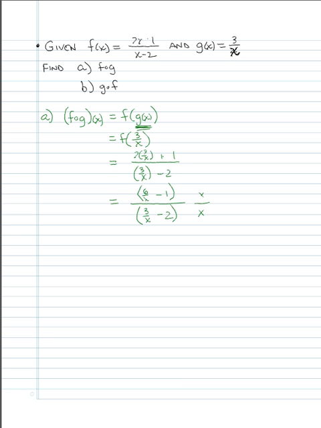Now, we're fortunate here that when we do this, both of those fractions are going to reduce, aren't they? Because what we're going to do is distribute. Let me write it out this way. We're going to have 6 over x plus 1 times an x on top, and we're going to have 3 over x minus 2 times an x on bottom. And so now we're going to distribute that x.